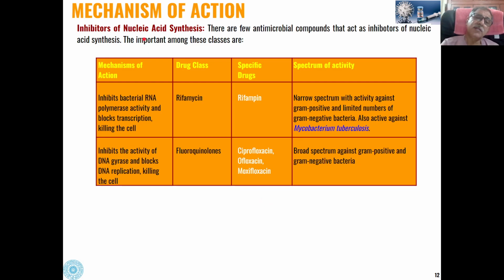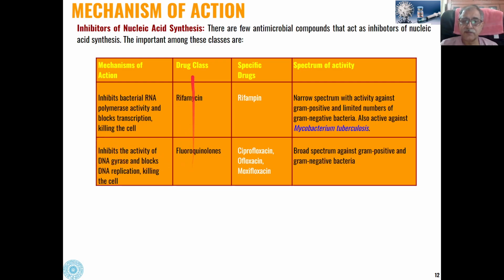The next category is inhibitors of nucleic acid synthesis. Two categories of antibacterial drugs are effective as inhibitors of nucleic acid synthesis. One category is rifamycins and the other is fluoroquinolones. Rifamycins inhibit the synthesis of bacterial RNA, whereas fluoroquinolones affect the activity of DNA.